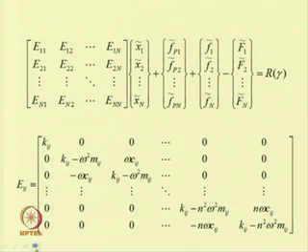By substituting these in the original equation, that equation will reduce to this form, where R gamma is a residue. So, this equation is reduced to this form, that is E I j, where E 1 1, E 1 2, E 1 n.